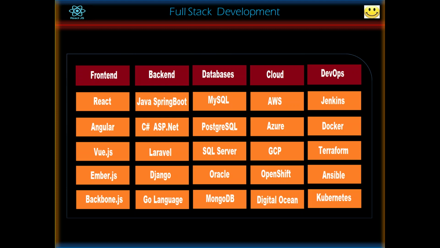Databases, you can use MySQL, PostgreSQL, SQL Server, Oracle, MongoDB, and some more databases. On cloud, Amazon Web Services, Azure, Google Cloud Platform, OpenShift, DigitalOcean, or any other cloud service provider you can use. On DevOps, you can use various technologies like Jenkins, Docker, Terraform, Ansible, Kubernetes.